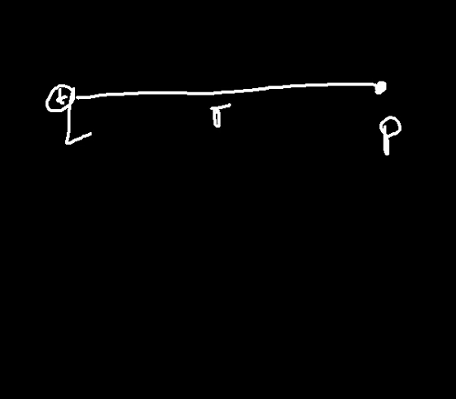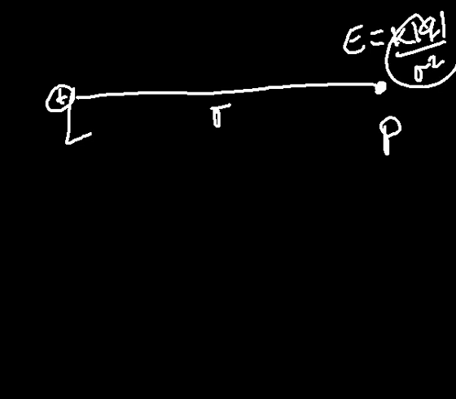So the electric field at this point due to that charge will be given as K times the absolute value of the charge divided by the separation distance squared. That's how it will be, and that is for whichever the case.